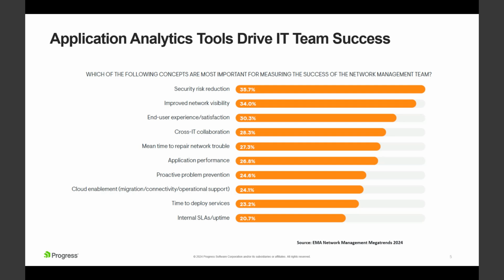All of these different success criteria that define the success of an IT team depend on how much visibility they have into the applications that they manage. So gaining visibility into applications is key to maintaining application experience, and IT teams need the right tools to gain that insight.